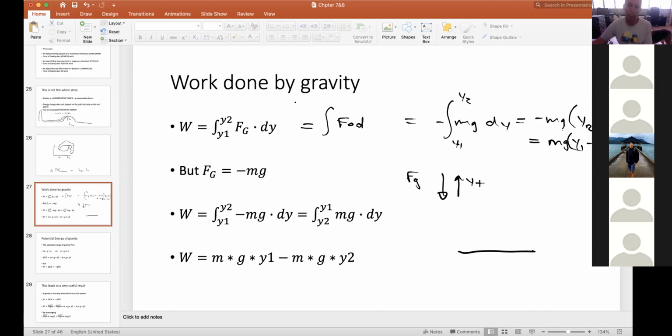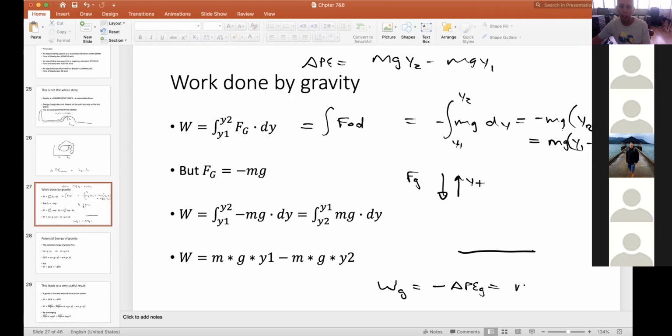So what that means is, remember, we said mg y2 minus mg y1 was the change in potential energy. They often state it in physics as the work done by gravity is minus the change in potential energy of gravity, which is mg y1 minus mg y2.